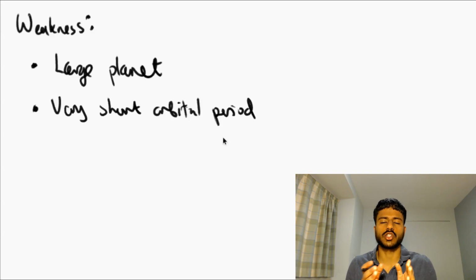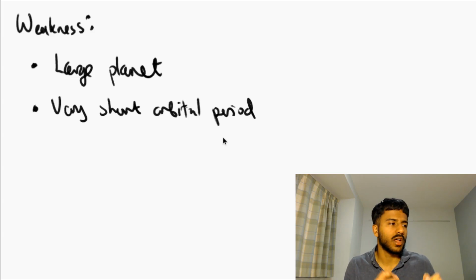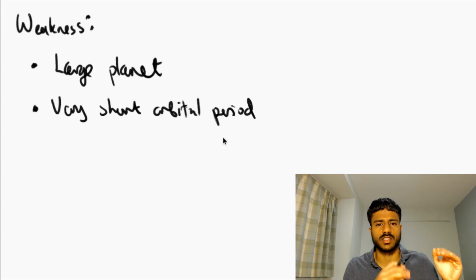If your orbital period is short enough, you can regularly measure and see that there is a dip in the light curve. Otherwise, you can't actually be sure that whatever is causing this dip in the light curve is actually an exoplanet orbiting that star. It could simply be another object or just some random fluctuation in the star.